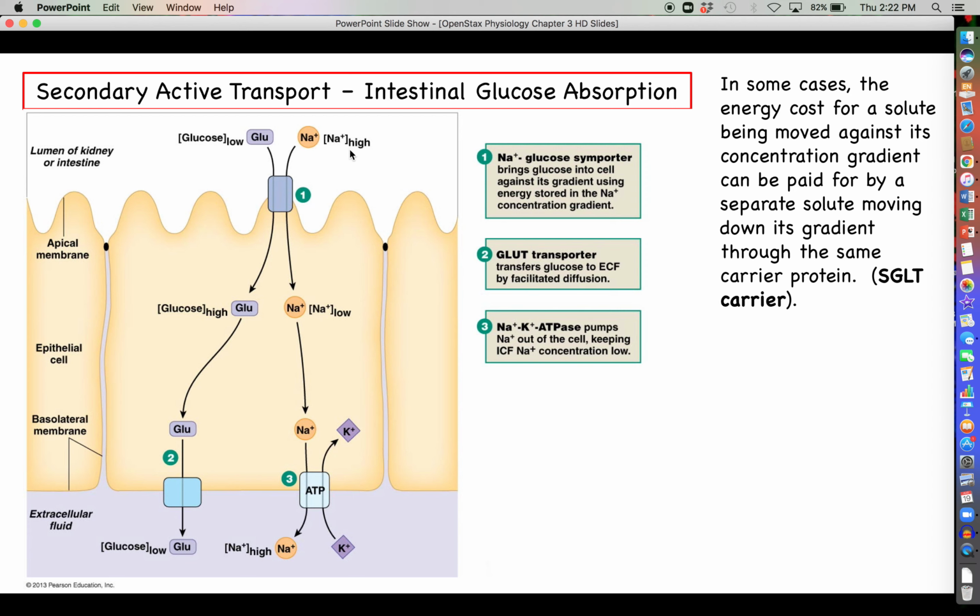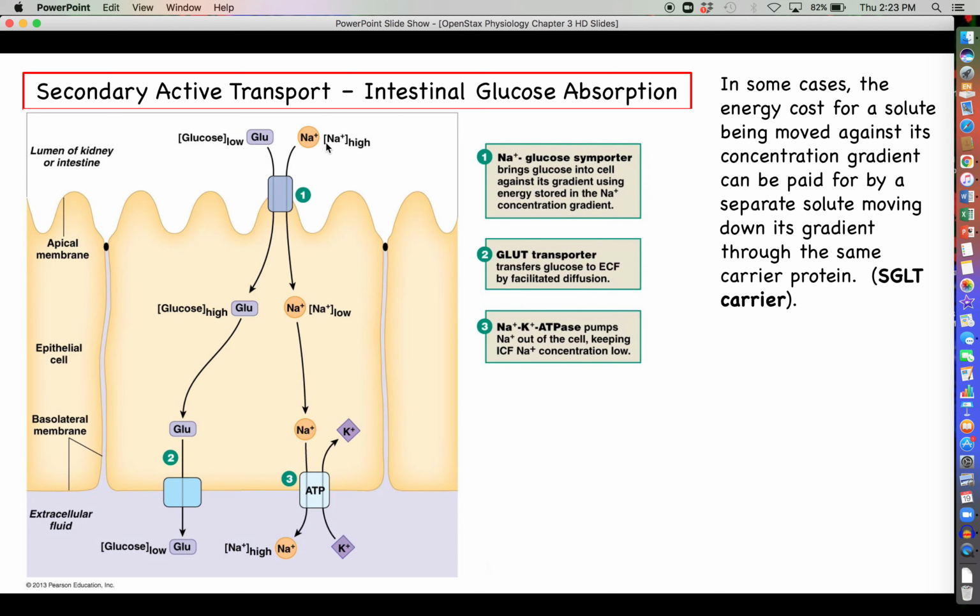Every time we do that, the concentration of sodium in the extracellular fluid goes down and the concentration of sodium in the intracellular fluid goes up. So essentially, if we transport enough glucose this way, we are eventually going to reduce the amount of sodium in the ECF and increase the amount of sodium in the ICF so much that we are going to establish equilibrium for sodium.